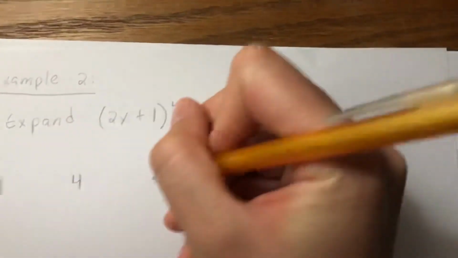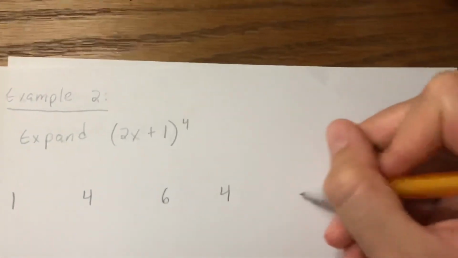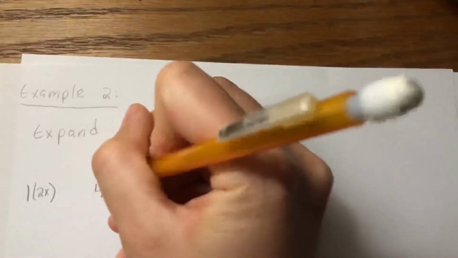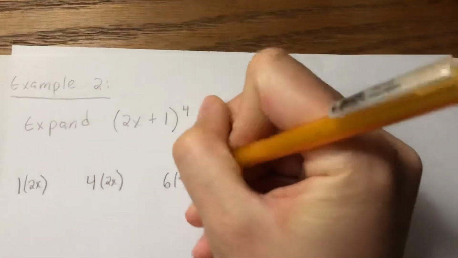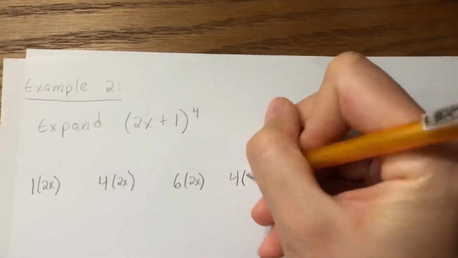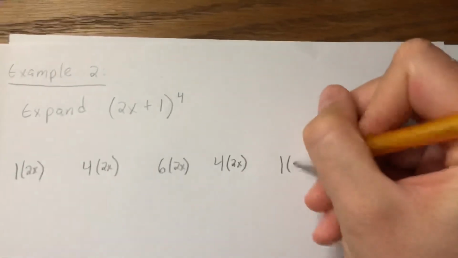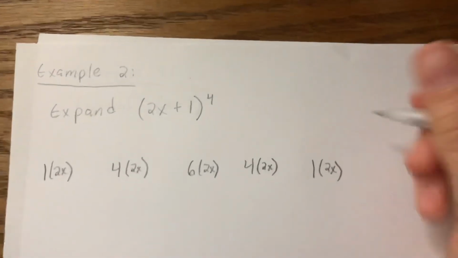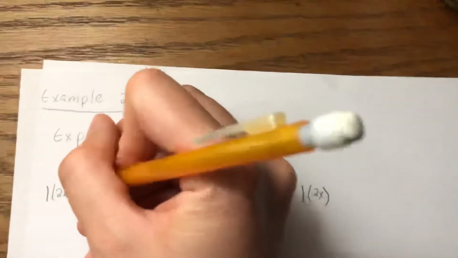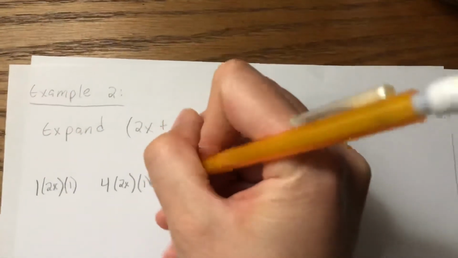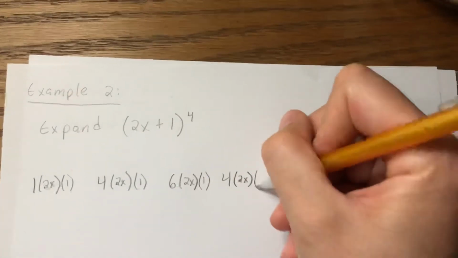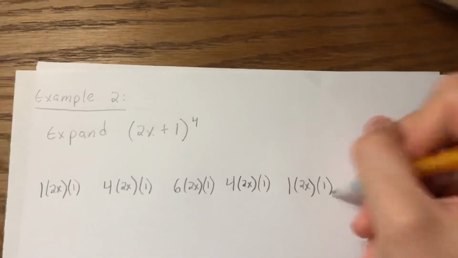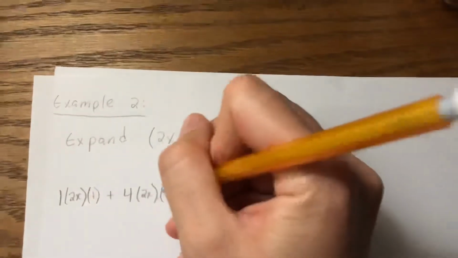Okay, so I'm going to write that out. 1, 4, 6, 4, 1. Next, I'm going to put a 2x in each of these terms. I kind of need it to stay together, so that's why I'm putting it in parentheses, being multiplied by the number. And then I need a 1 in each of the terms. Everything's being added together.